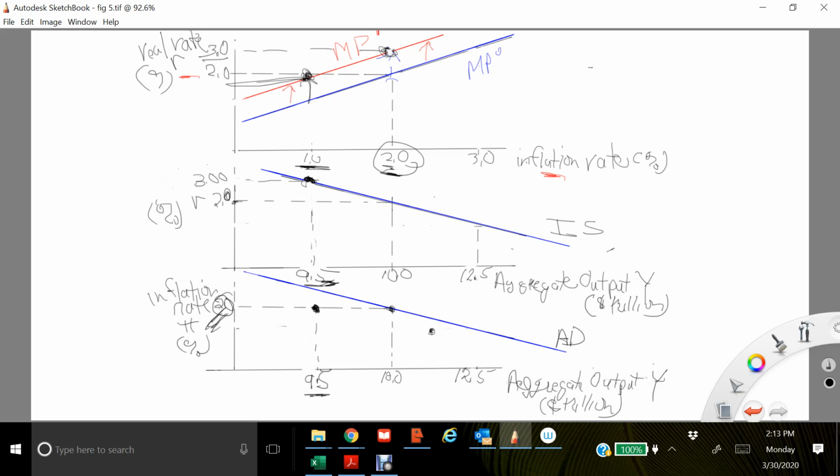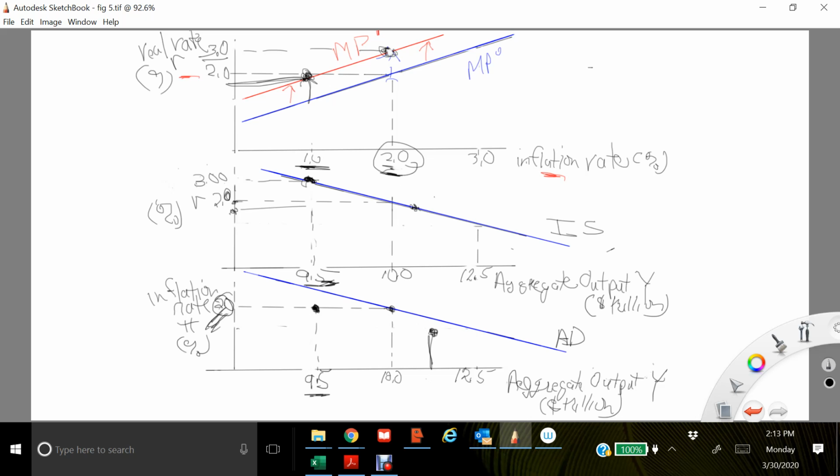Let's say 1 3/4. If we had a real rate of 1 3/4, we would get an output level of somewhere higher than 10, and so that would be a point over here.